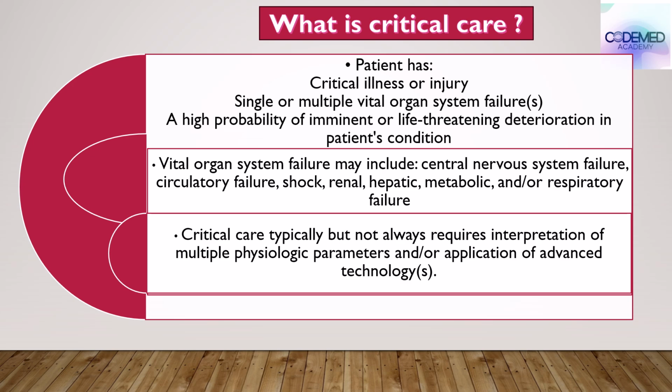So let us understand what is critical care. The patient is critically ill or injured, with single or multiple vital organ system failure, or a high probability of imminent or life-threatening deterioration in the patient's condition. Vital organ system failure may include central nervous system failure, circulatory failure, shock, renal, hepatic, metabolic, or respiratory failure.